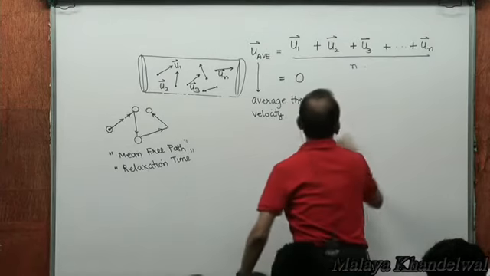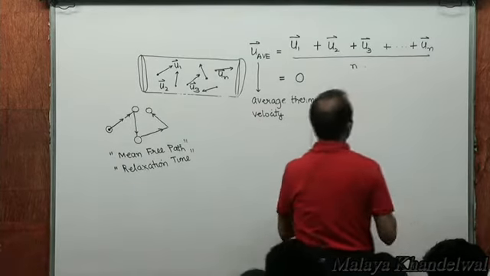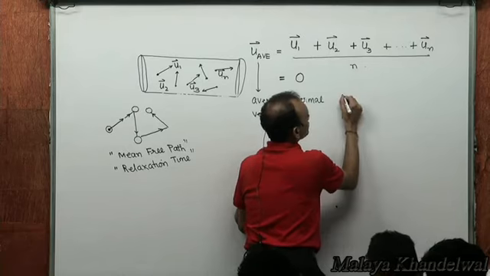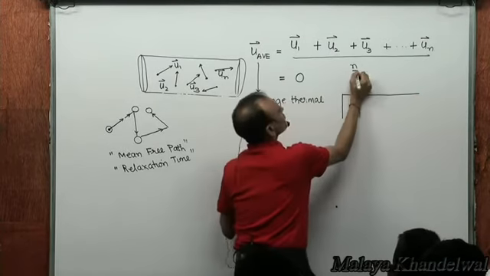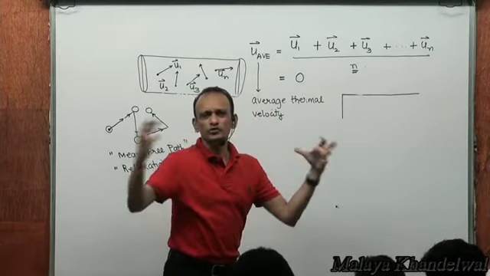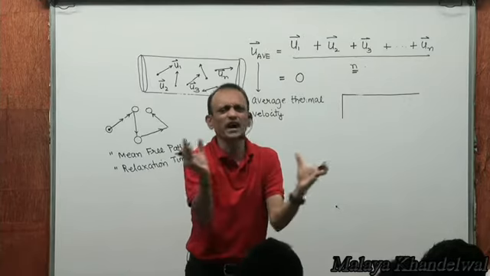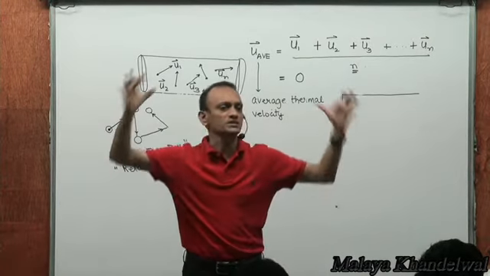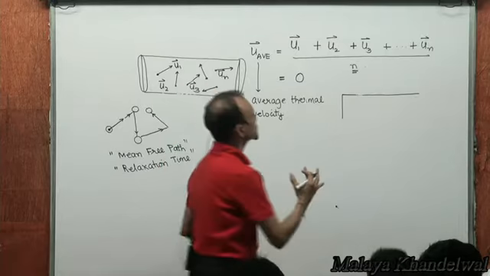Which means, if in that conducting piece of matter, n of course is a very large number. Even in a small piece of matter, n would be very large. There would be a sumptuous number of free electrons.